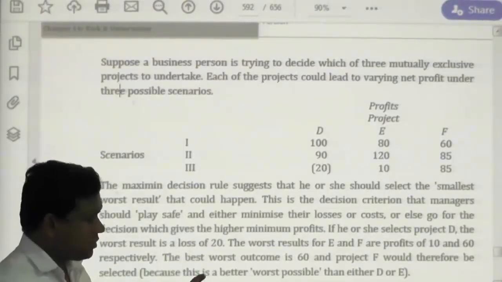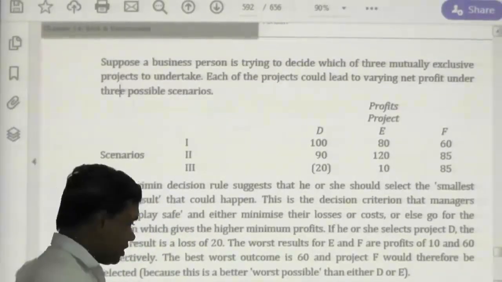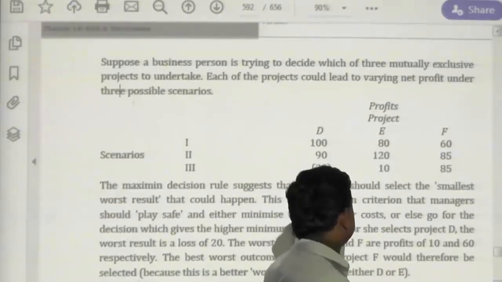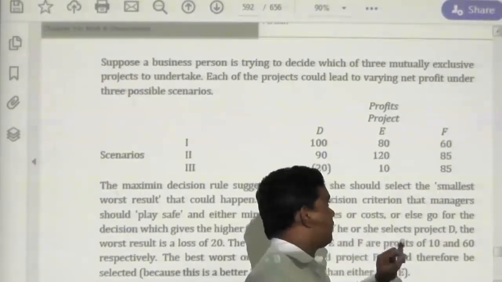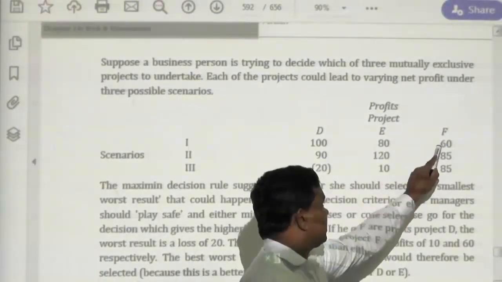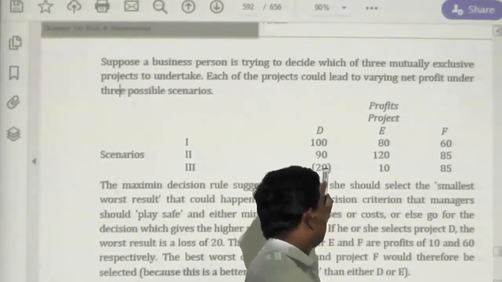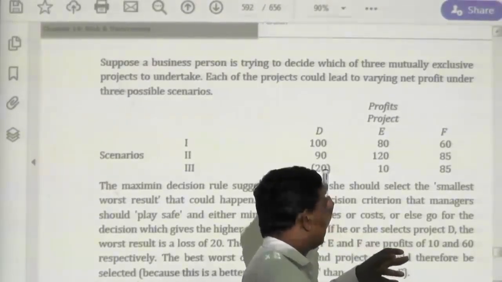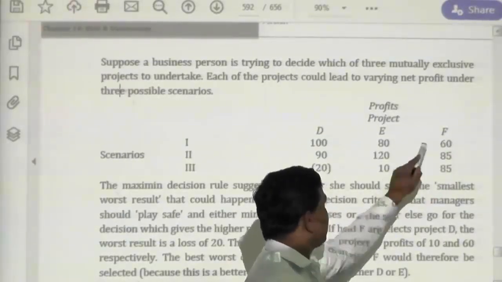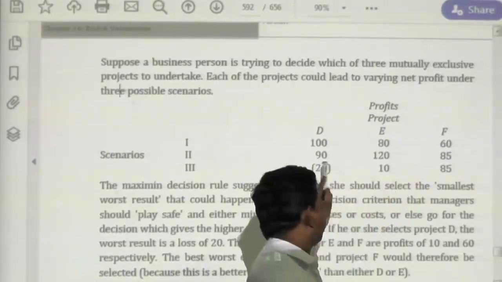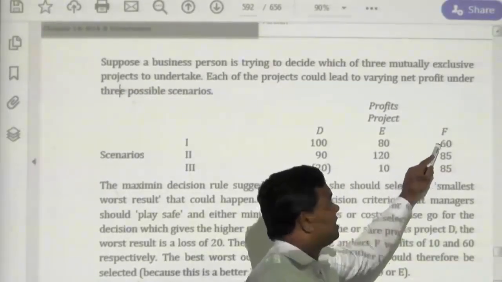You will select the maximum out of the minimums. The minimums are minus 20 for D, 10 for E, 60 for F. Out of the 3 minimum numbers, the maximum number is 60.